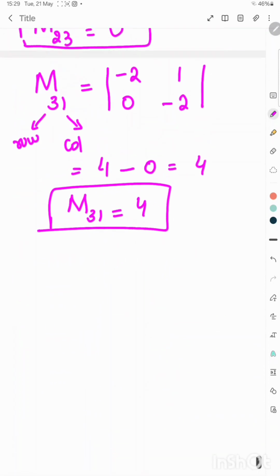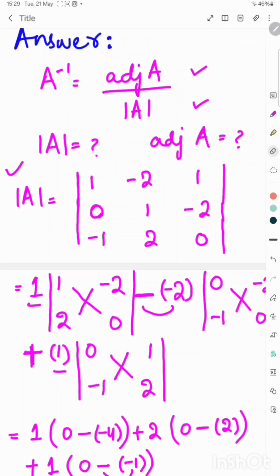Now I will go for the next minor, which is M32. Now again here 3 shows the number of the row and 2 shows the number of the column. So it means that now I will eliminate the third row and second column of the given matrix, and what remains here is 1, 1, 0, minus 2.